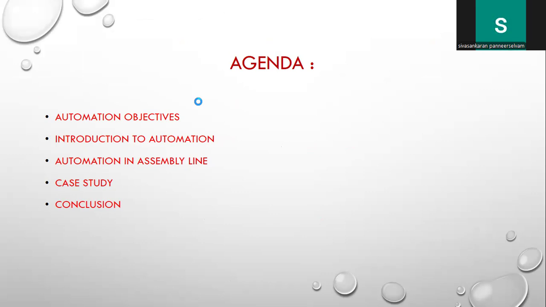And finally, we will have the concluding session of today's seminar presentation. So in this way, we are going to schedule each and every sequential plan as listed here for your kind reference.